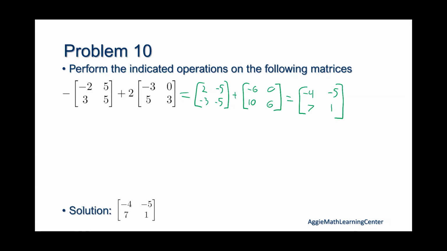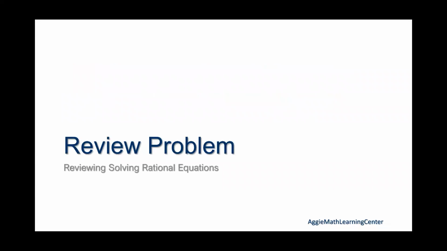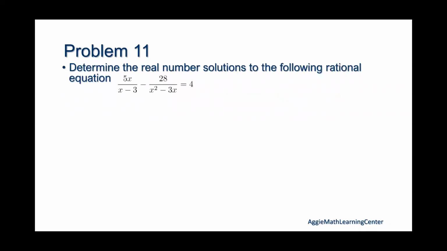Cool. So the last thing we're going to do is run through a review problem that's on the exam. It has a similar idea to what we were doing with partial fractions, where we need common denominators all around in order to solve for x. So we're solving for the real number solutions, which means we're looking for the zeros of the numerators once we've simplified everything.